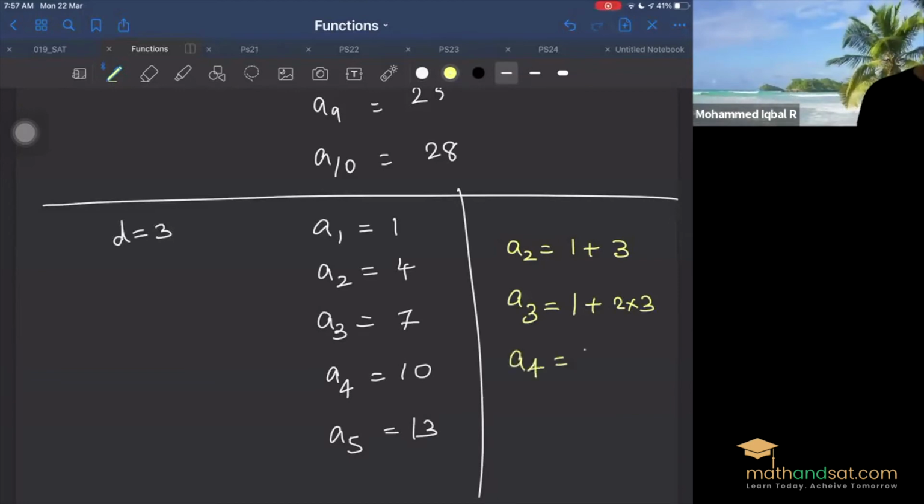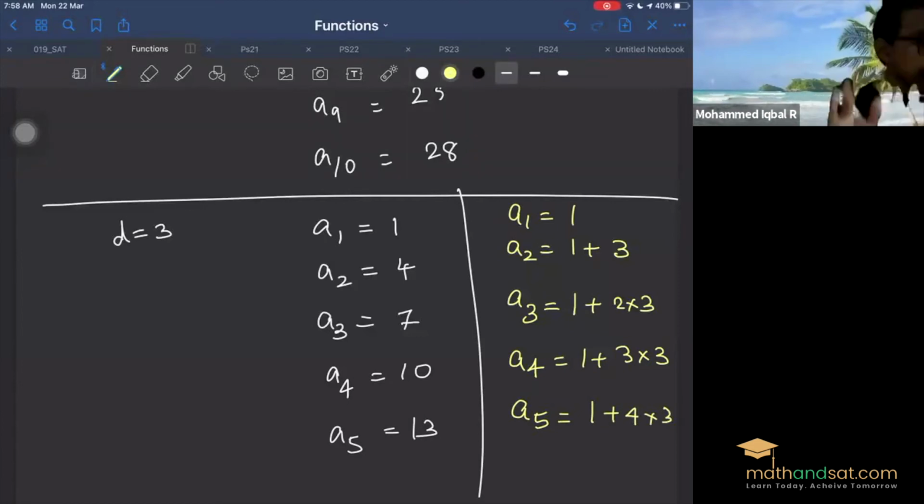To get a4, we added 3 times 3 to 1. To get a5, we added 4 times 3 to 1. Is this pattern clear? Starting with a1, to get a2, you add 3. To get a3, you add 2 times 3. To get a4, you add 3 times 3. To get a5, you add 4 times 3. Is that pattern clear? Yes.